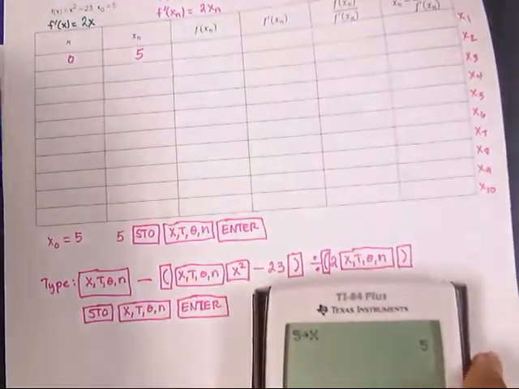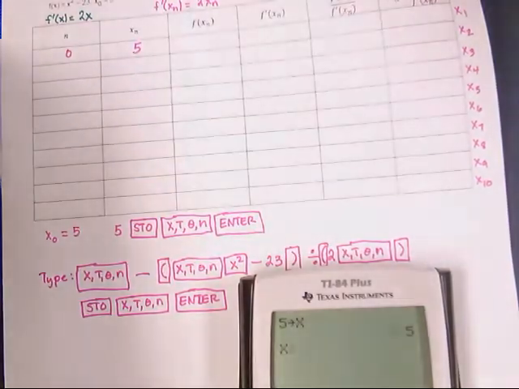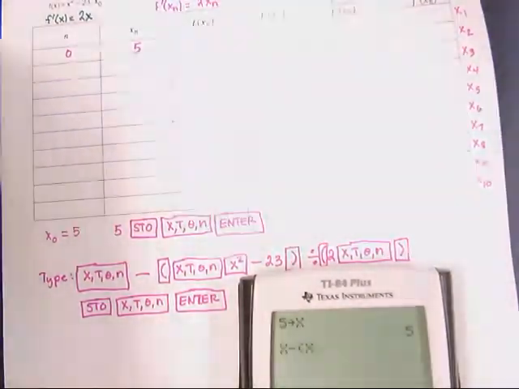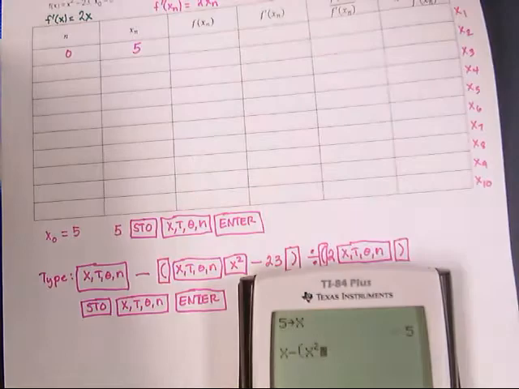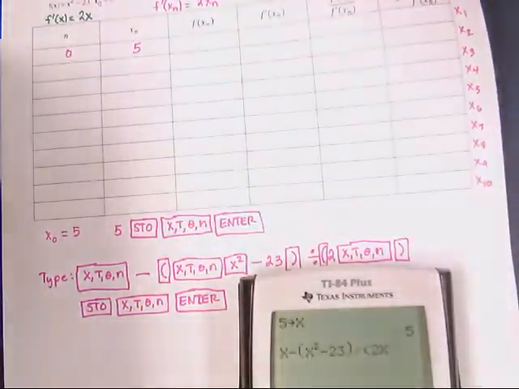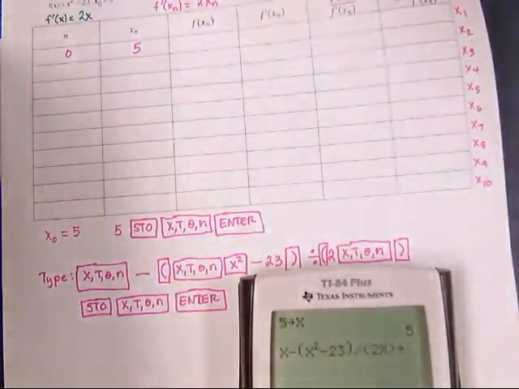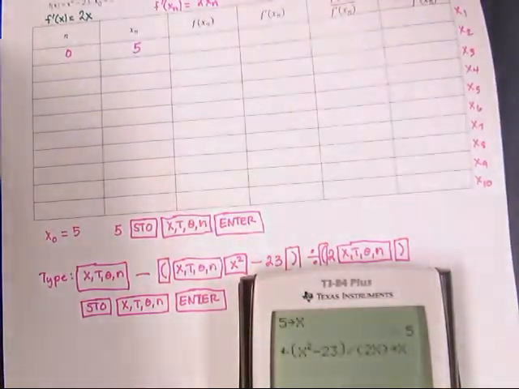So in this case here, you're going to type X,T,θ,n for the x, and then minus, and then left parentheses X,T,θ,n for the x, and then your x squared, and then minus 23, close parentheses, and then divided by, and then left parentheses 2 X,T,θ,n for the x, and then close the parentheses, and then press the STO button to store it, and then X,T,θ,n for the x, and then hit enter.